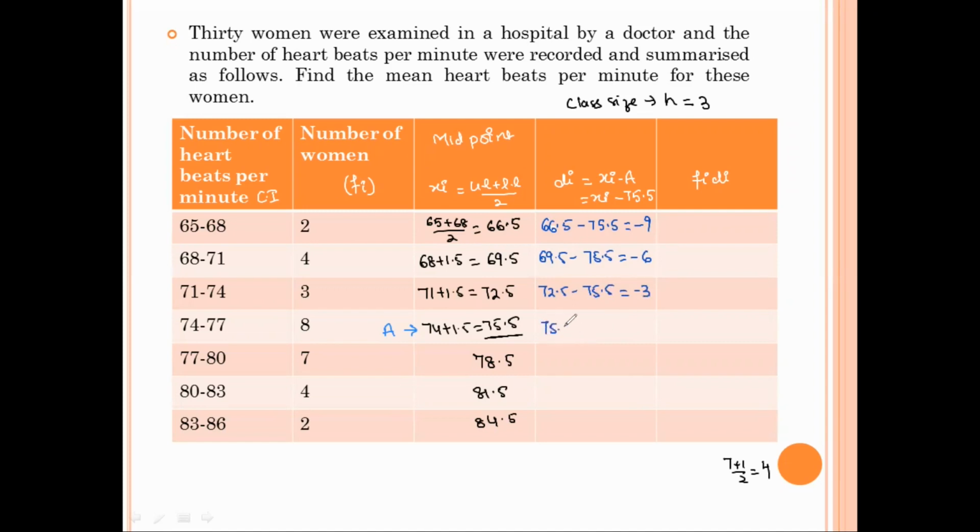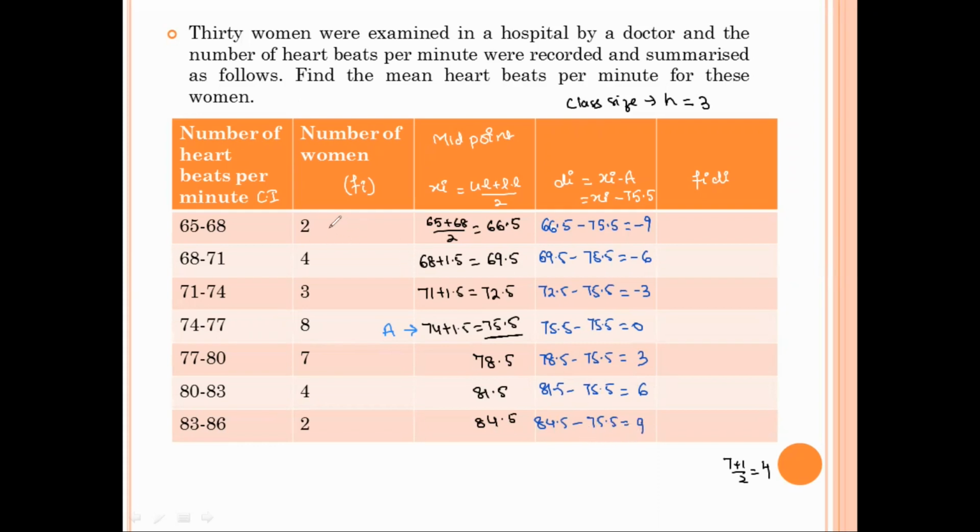Now next is 75.5 minus 75.5 is 0. ऐसे ही we are going to find all these values. तो यहाँ पे वैल्यू आ गई 3 and 81.5 minus 75.5 is 6. Then 84.5 minus 75.5 is equals to 9.